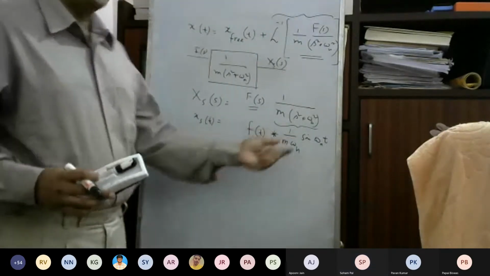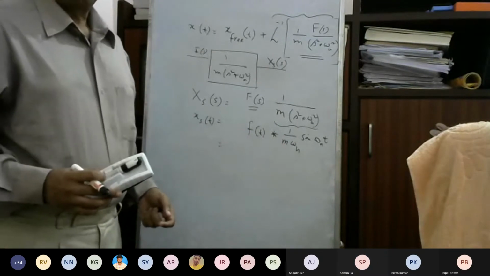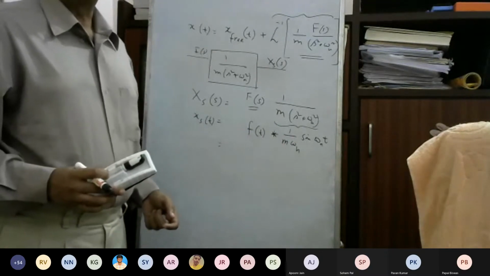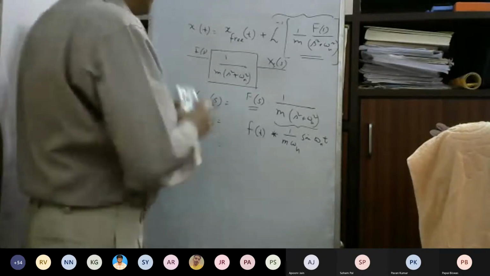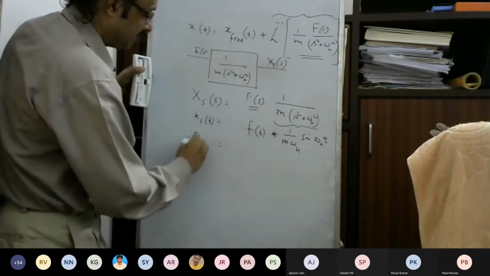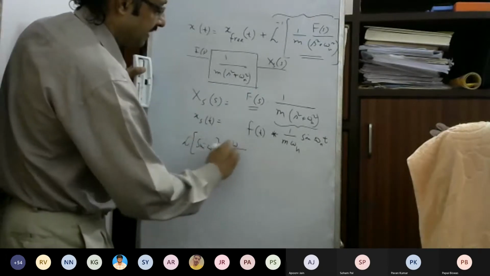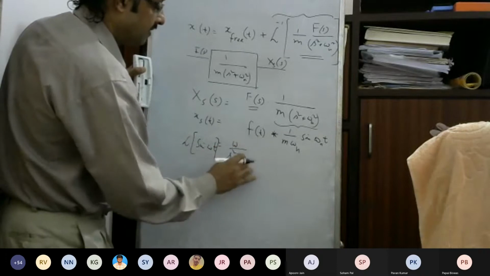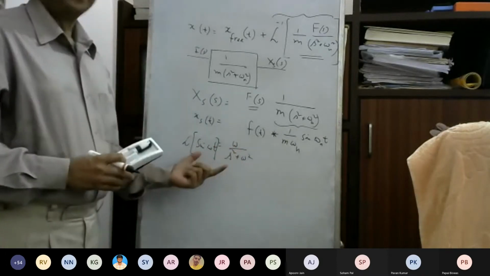Laplace transform of sin omega n t is omega n by s square plus omega n square. Laplace transform of cosine omega t is s by s square plus omega n square. So I should write down the Laplace transform of sine omega t. This is equal to omega divided by s square plus omega square. This result must be known to you.